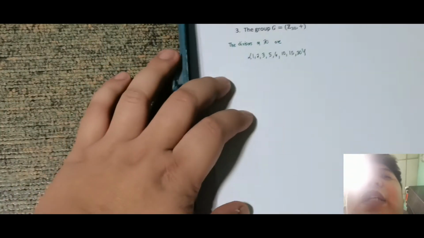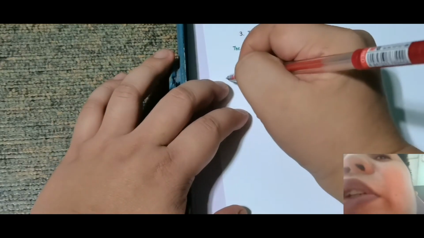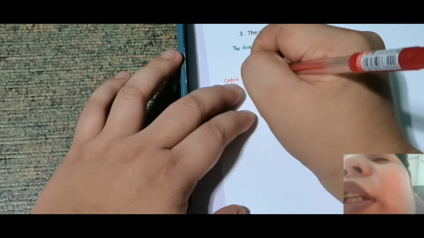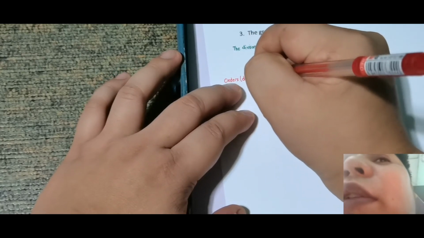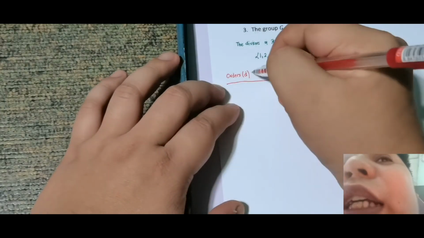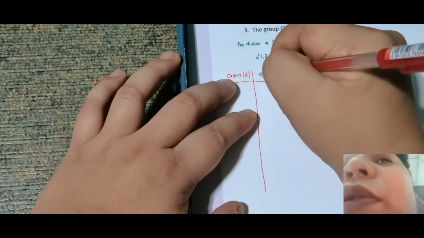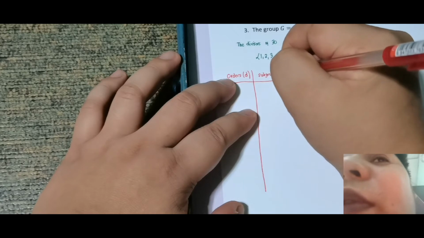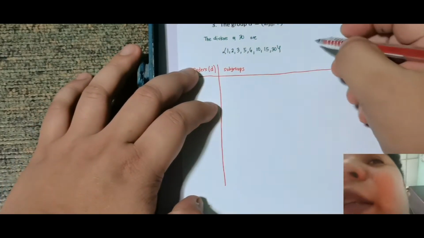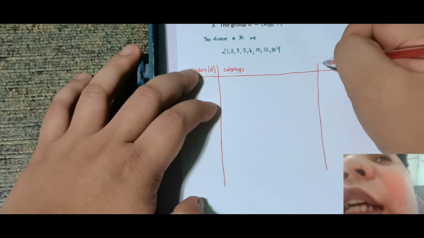Okay, so let me put our table here. So this is first. We have the orders, which we name as T. Then we make a table there. It's a bit big. So this is subgroups. Okay, that is subgroups. Then the important one, our P of D. Because to know how many they are.